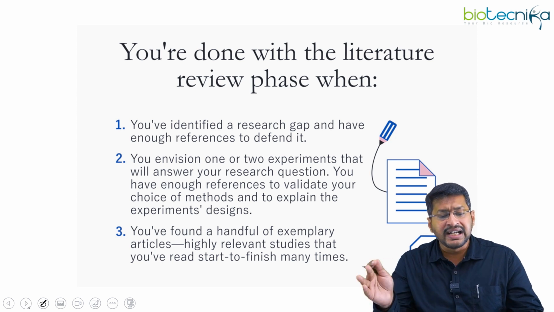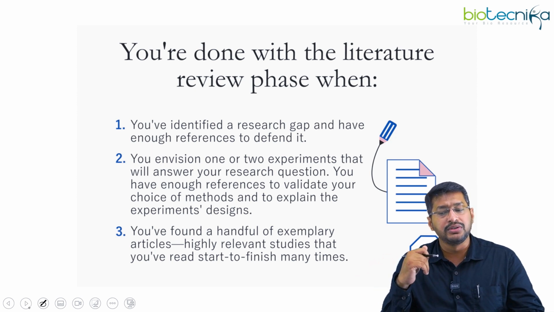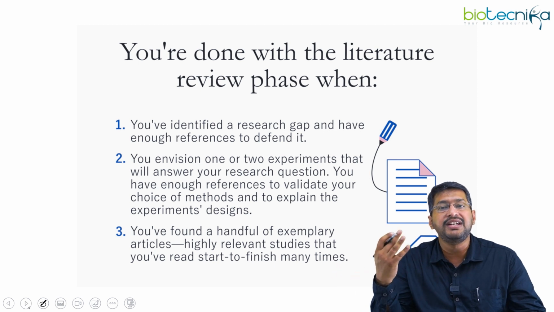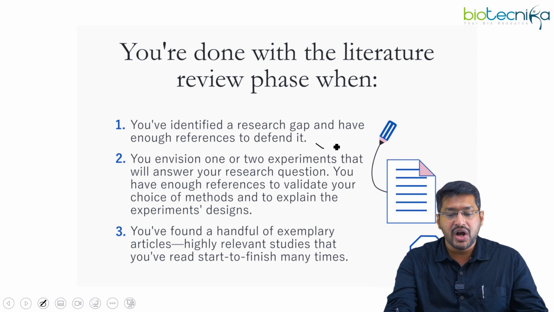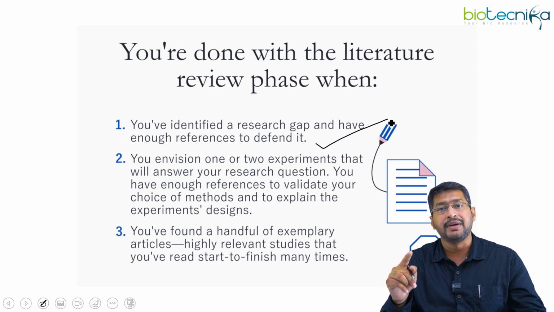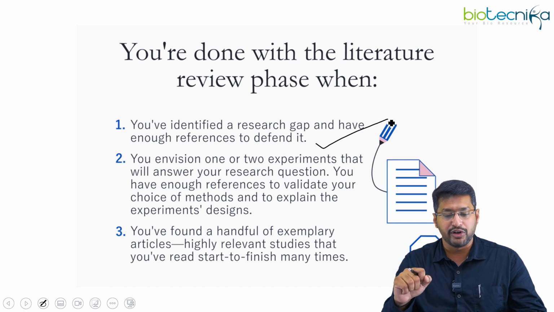So at last, I just wanted you people to remember: when do I know that I am done? When do I know my review of literature is complete? If you have identified the research gap, and if you feel that the research gap has been properly addressed, that is one point that you can feel contented and say that yes, I have actually reached the end of my review of literature.